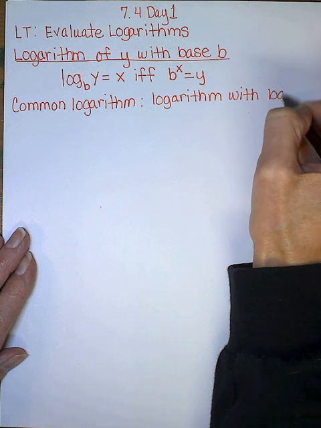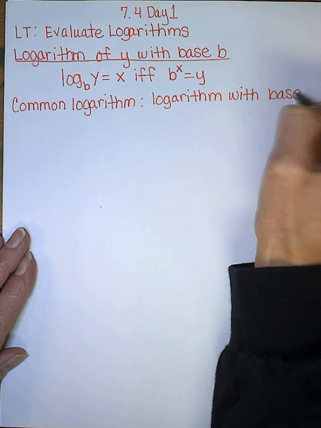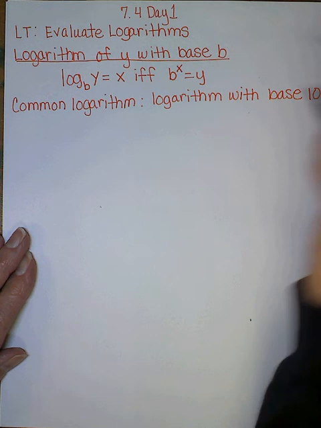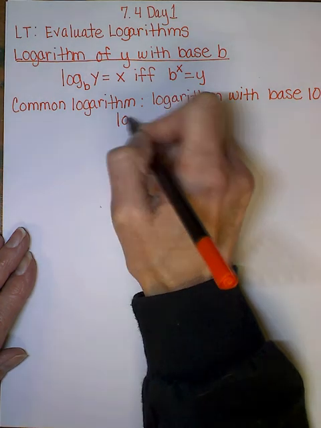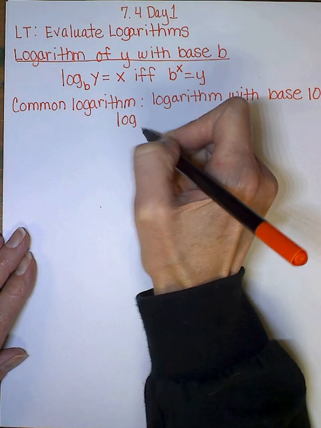Now, when we use base 10, we just write the letters L-O-G, so you won't see a number down here.